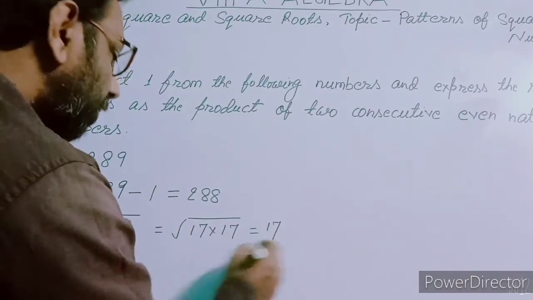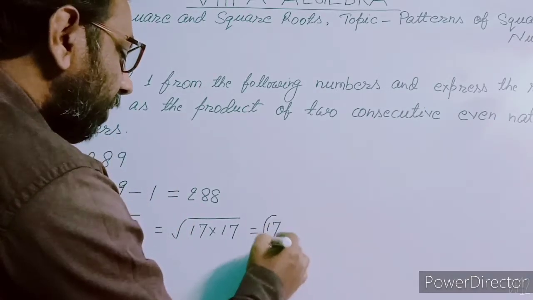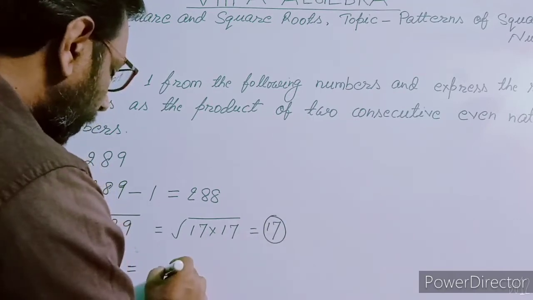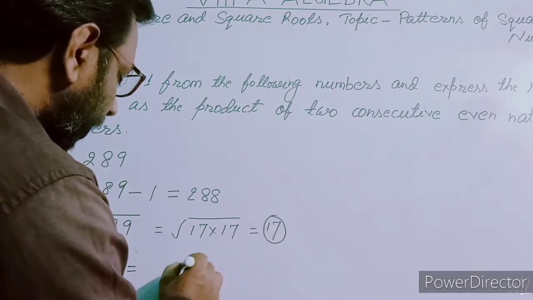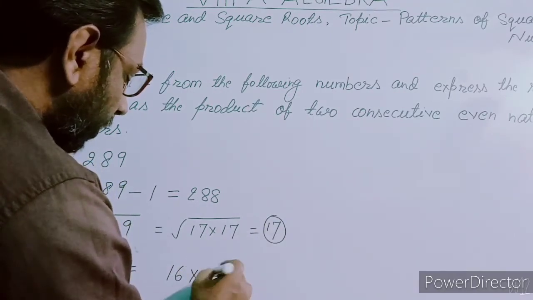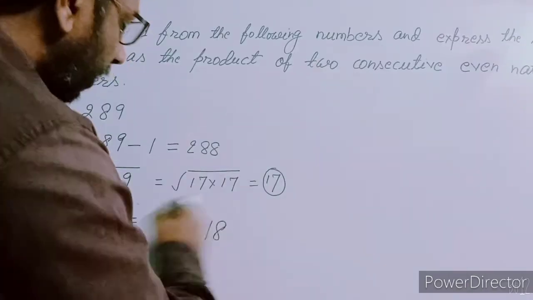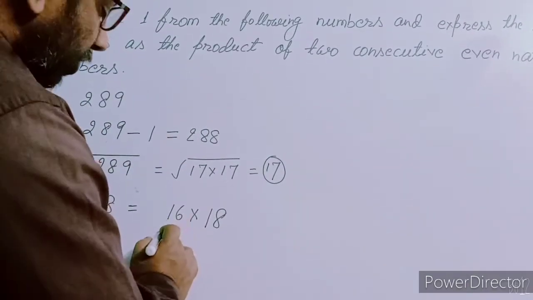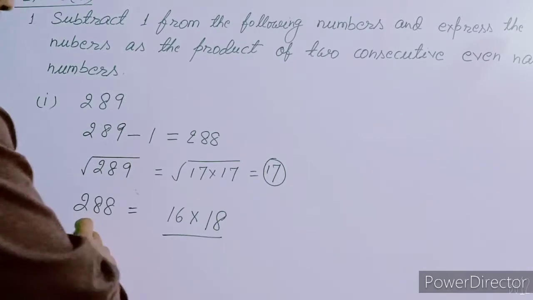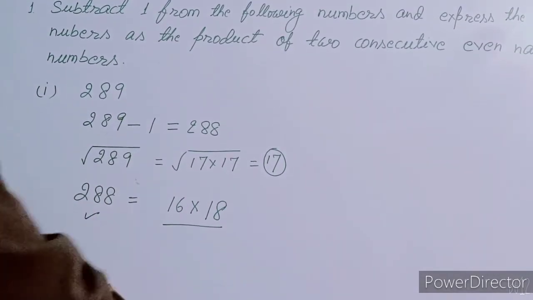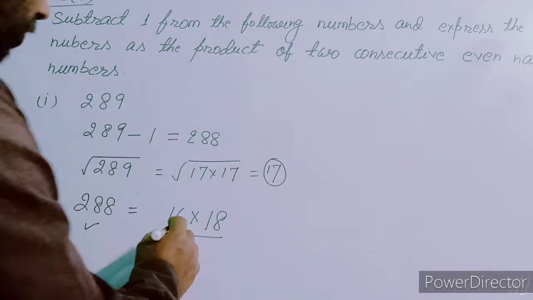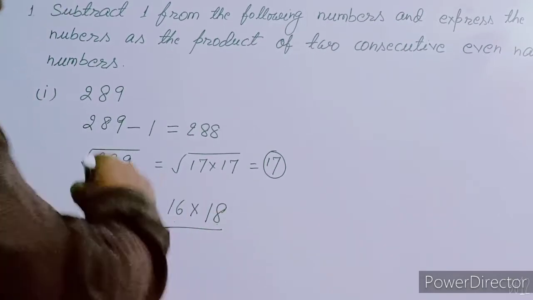The two consecutive even natural numbers near 17 will be one predecessor, that is 16, and one successor, that is 18. If you check these two multiplied, you will get 288. So the answer will be 16 and 18.